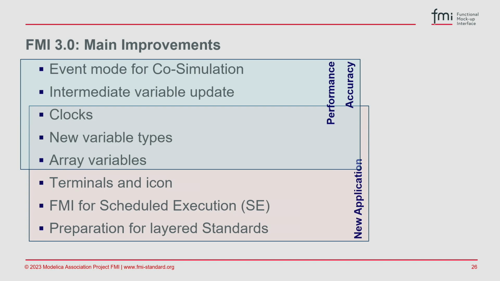Under the hood it's still causal. Also better icon representation, the scheduled execution that I mentioned, and also a preparation for extension mechanisms in the form of layered standards. We will give a talk on this on Wednesday. This is for new use cases that go beyond the core application of FMI, where you can define extensions to the FMI standard.